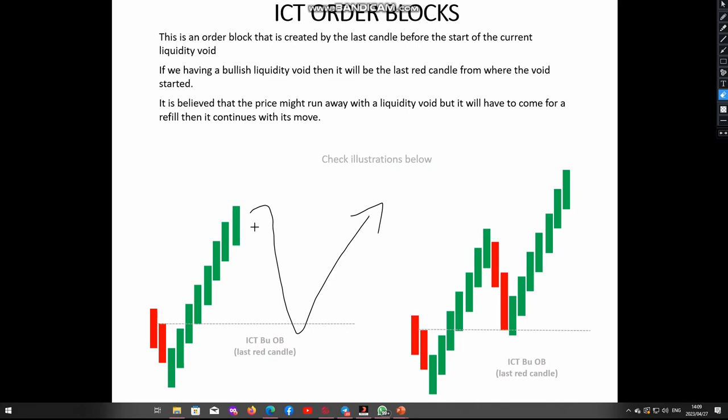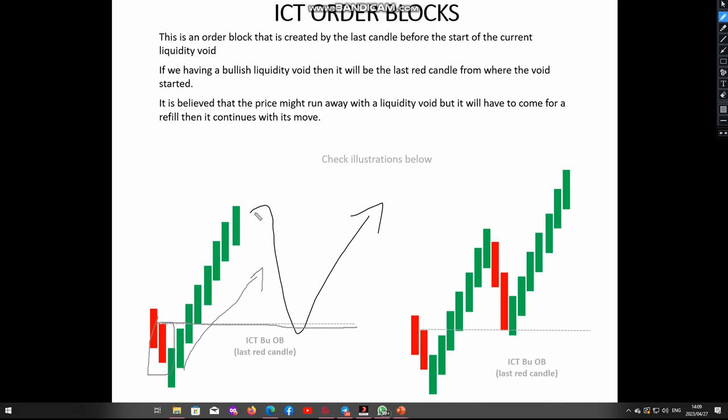What you must differentiate is that on ICT we only take this previous red candle from where this bullish liquidity void started, and then we highlight that level. The red candle is the one opposing the bullish liquidity void.